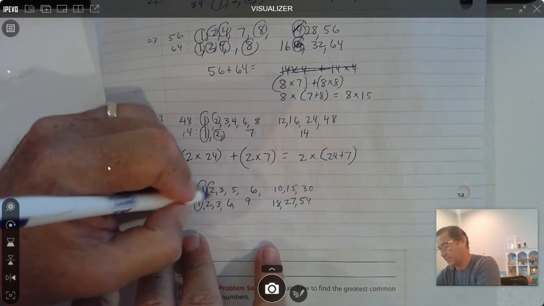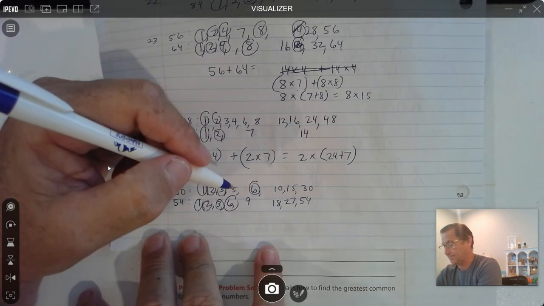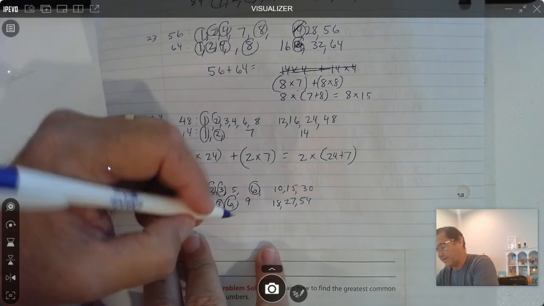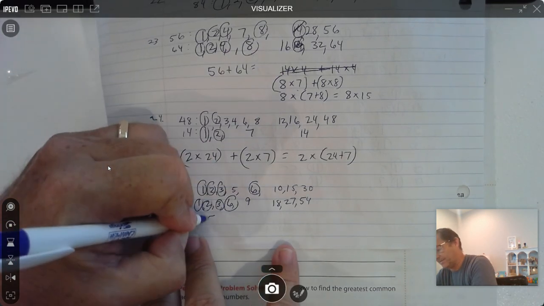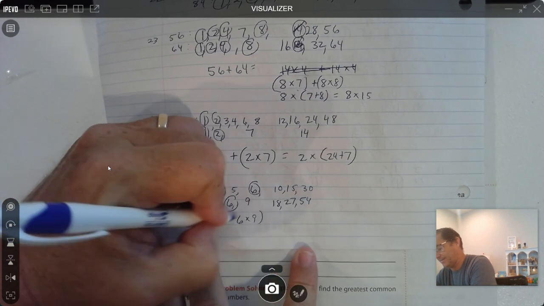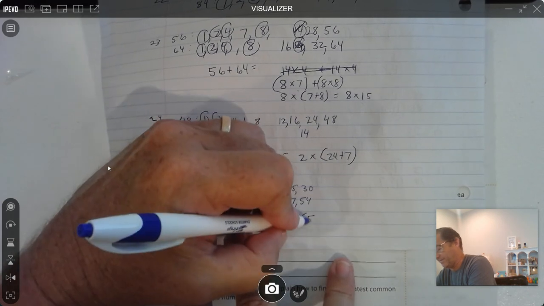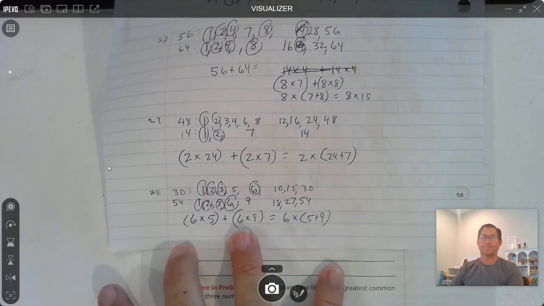Common factors are 1, 2, 3, 6. Okay, so we can rewrite this as 6 times 5 plus 6 times 9, which is the same as saying 6 times the sum of 5 plus 9.